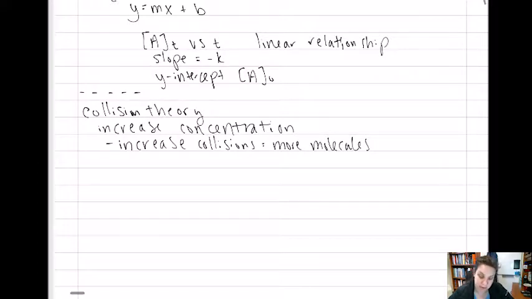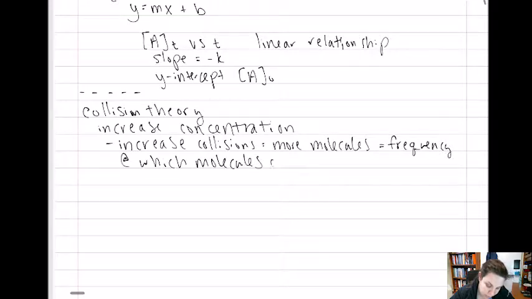So the frequency at which molecules collide is greater. Okay. With our surface area, we just have more surface at which collisions can occur.